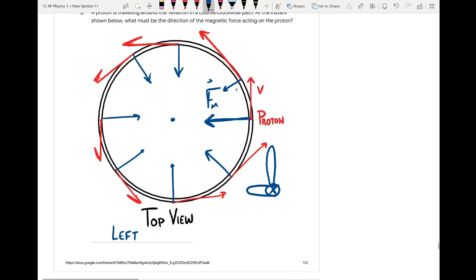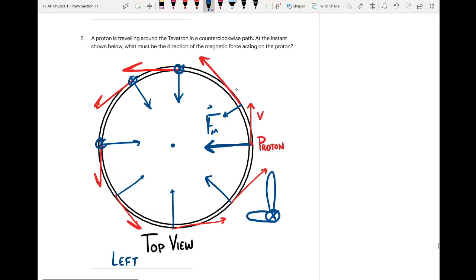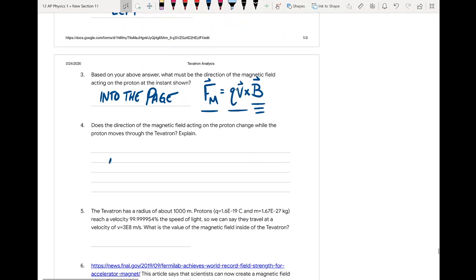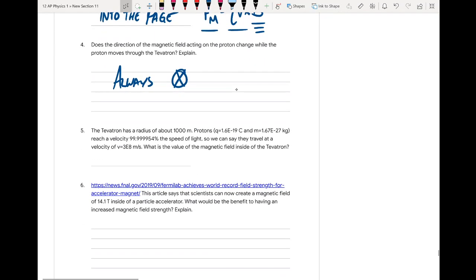If we trace that out with our hand, every single time, if you want to keep that shape around the circle, your middle finger has to point into the page at every one of these points. So the direction of our magnetic field is not going to be changing, which is nice. It's always the same, always into the page.